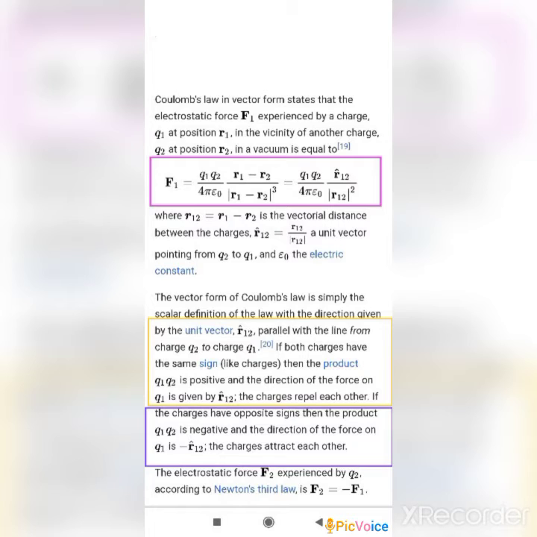This is the condition for F1, and we can take the condition for F2, but F2 is equal to minus F1 because the directions of the forces are opposite. This is Newton's third law.